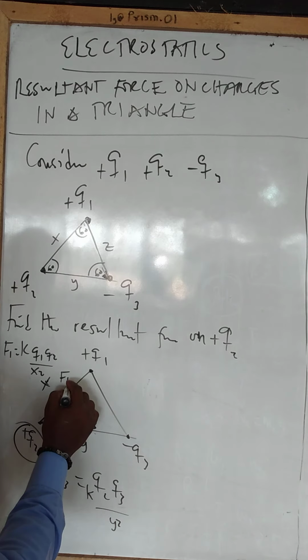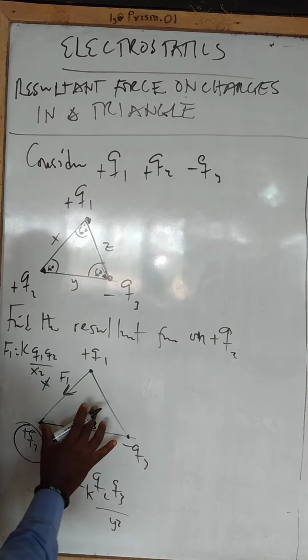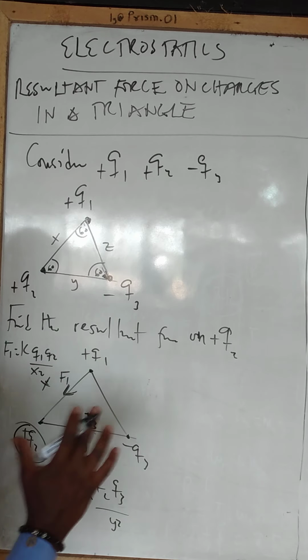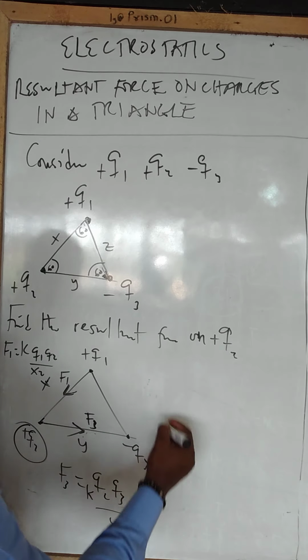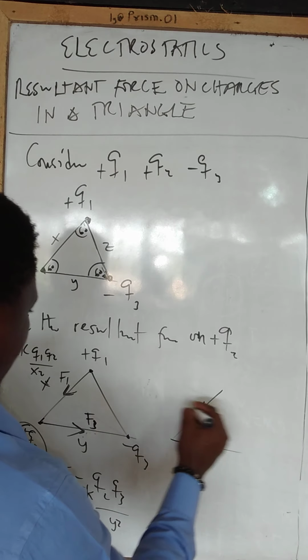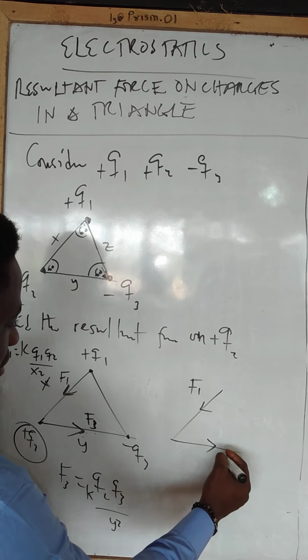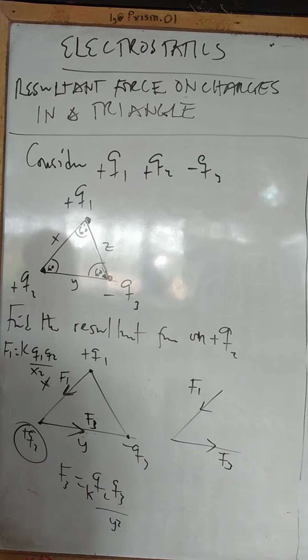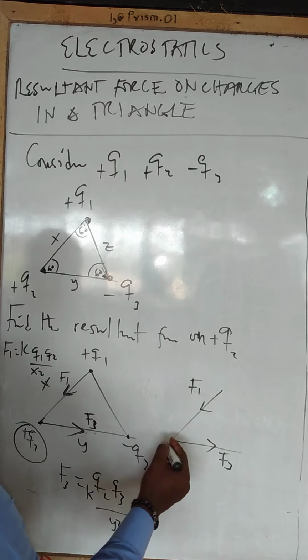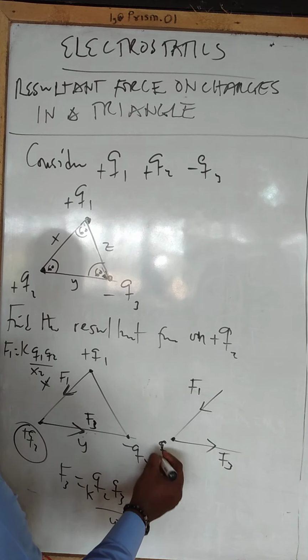Good. Now once you have seen the direction of the forces, you have to bring just those two forces out. So I have F1 here and I have F3 in this direction. So these are the two forces that are having effect on the charge Q2, which is also positive.